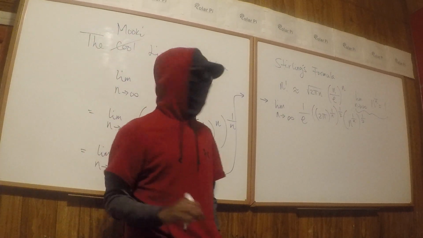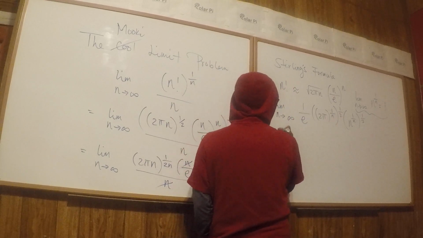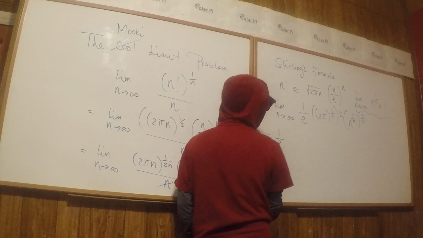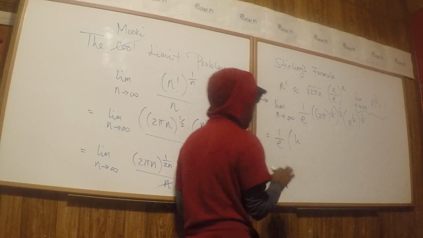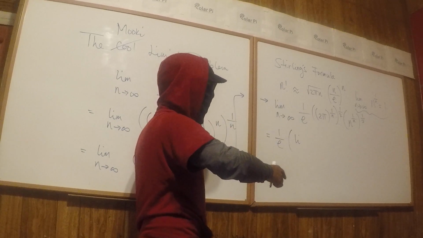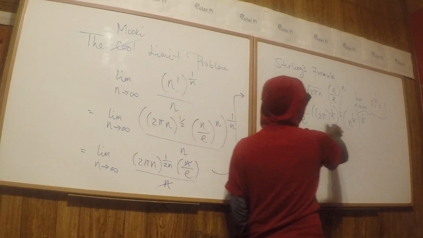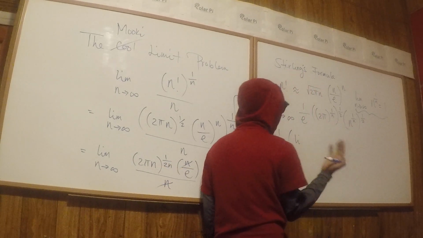Now we have a limit law that says we can put the limit inside a composition. So I'm going to go 1 over e, and at the same time as I put the limit in, I'm going to apply the limit product law, because we have a product here and here. That's called good teaching.